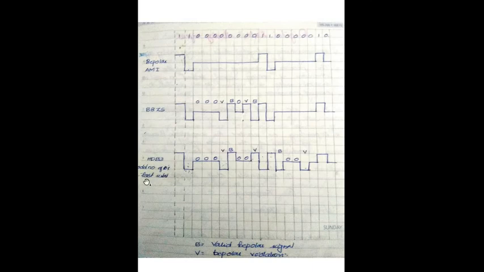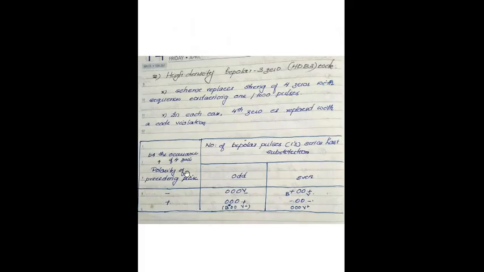Why? Because the question itself contains 3 ones. Here we are considering the number of ones since the last substitution. So it becomes even, and the last pulse is negative.